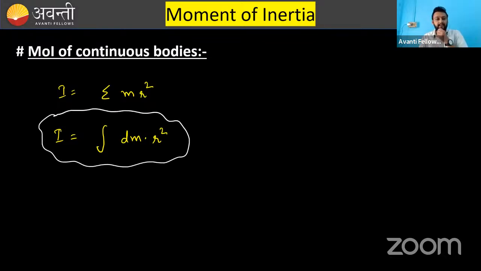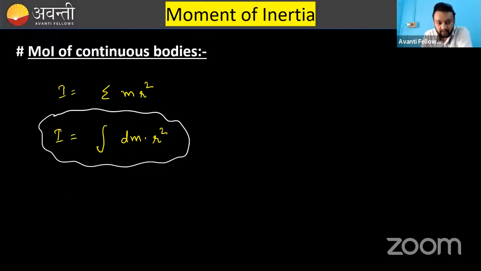I'm not going into deep discussion about this because I have already discussed such things in the class of center of mass, when we discussed the center of mass of continuous bodies. So I do not feel there is a need to discuss it today. If you have doubt, you can ask me. Otherwise, the thing is clear.